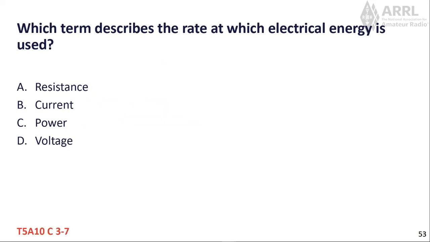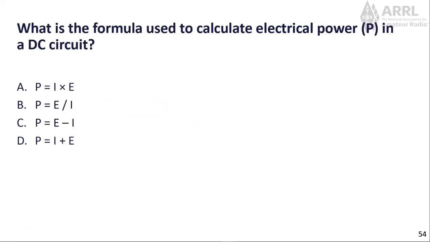Correct answer is C, power. What is the formula used to calculate electrical power in a DC circuit? And power is equal to I times E, the current times the voltage.